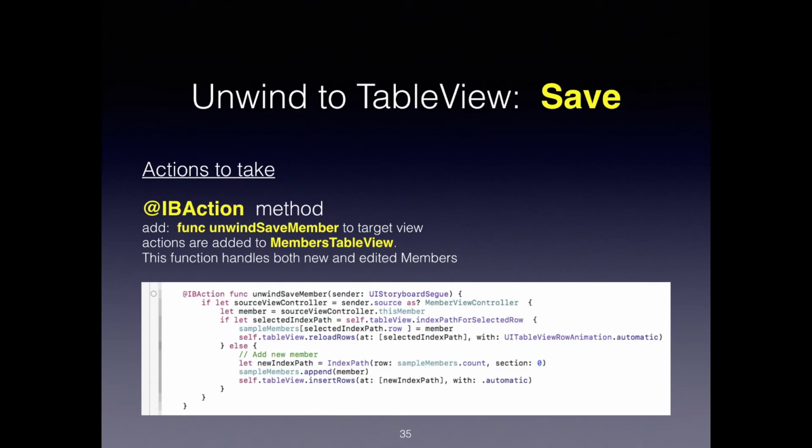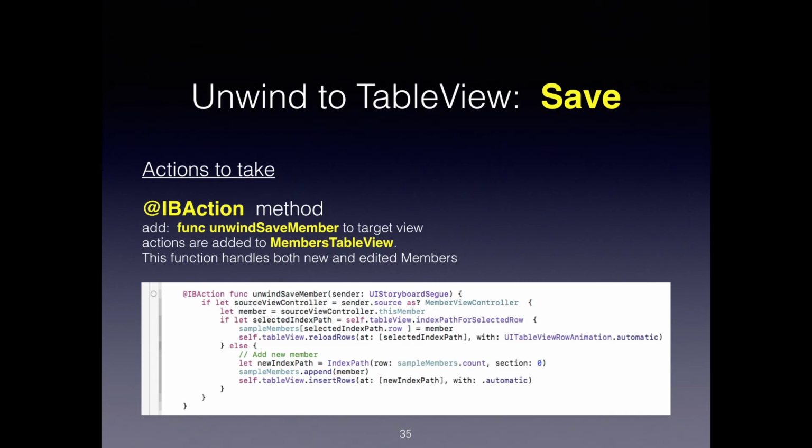Now, if it's not that, it means we're adding something, and in that case, we simply say there's a new index path, which is, and our table only has one section, so we hard code section 0.